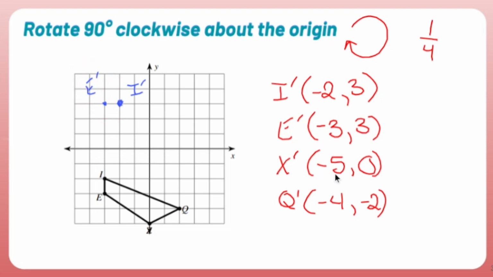X prime has me going from the origin, moving 5 to the left, and then don't move at all. So 1, 2, 3, 4, 5, don't move at all. And Q prime has me going left 1, 2, 3, 4, down 1, 2, right next to my original I.